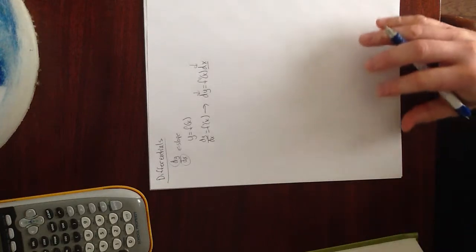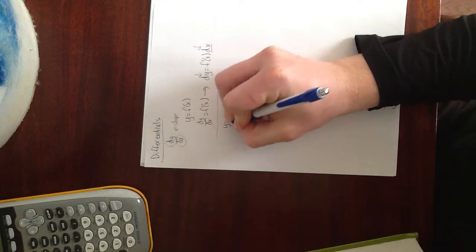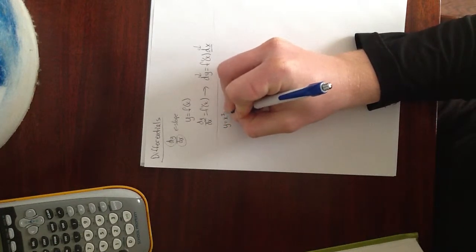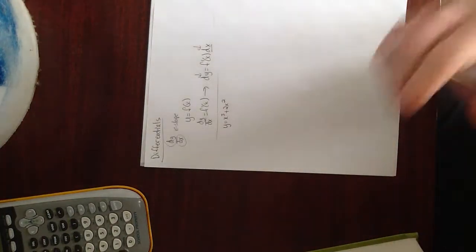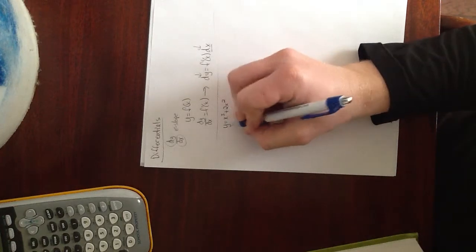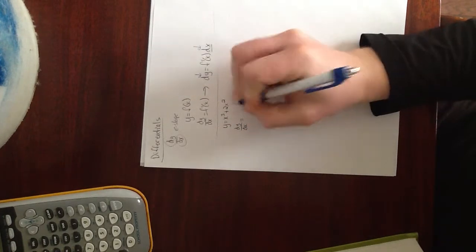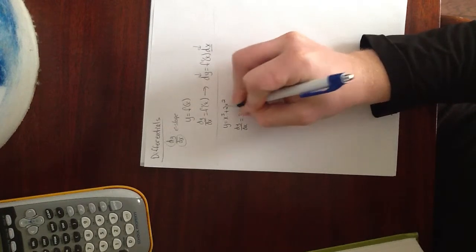But just to give you an idea of how to write these, let's say we had something like y equals x to the third plus 2x squared. You know how to find the derivative of that. So the derivative of y, remember we always would just do dy dx equals 3x squared plus 4x.